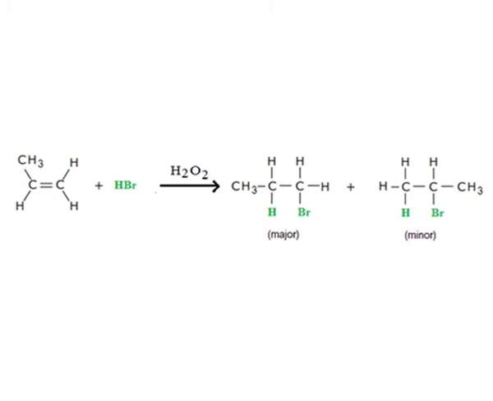The addition takes place here through the usual chain reaction steps: initiation, propagation, and termination. The addition of HBr to propene in the presence of a peroxide gives 1-bromopropane as a major product. Here, the addition is anti-Markovnikov in nature.